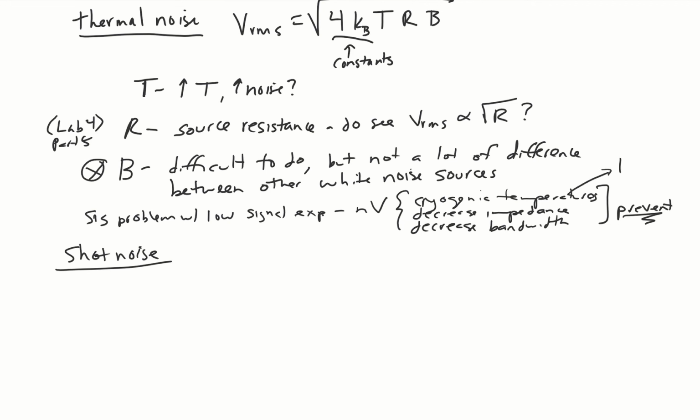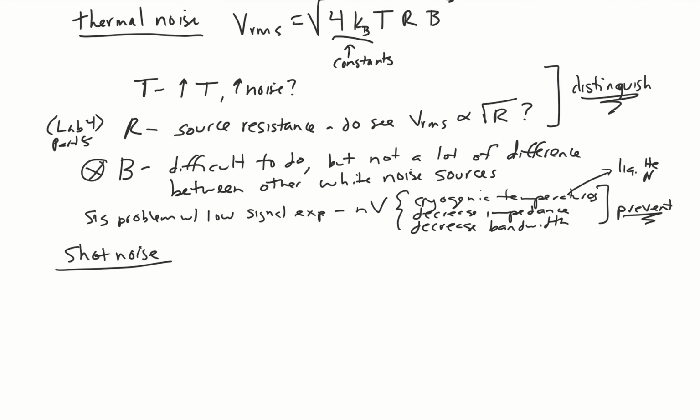So this is why people use like liquid helium or nitrogen to decrease that temperature quite a bit. So this is the prevention. Varying the temperature and varying the resistance is how you distinguish. So that's for thermal noise.